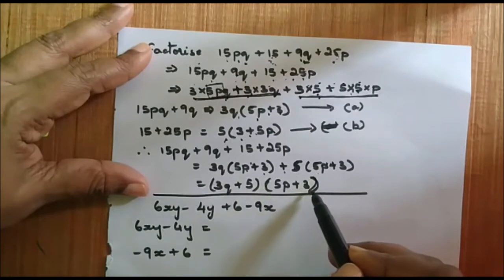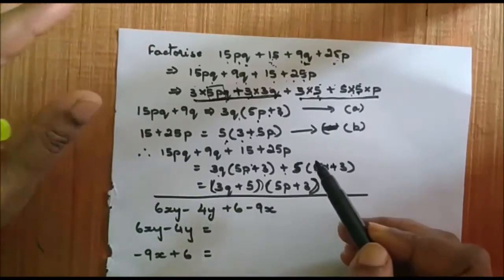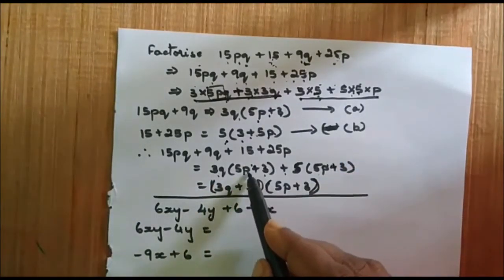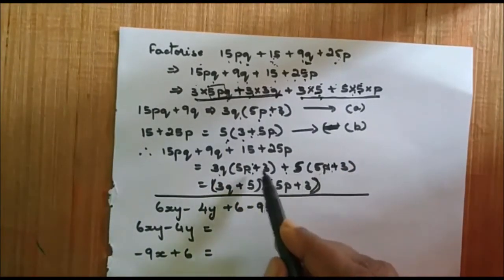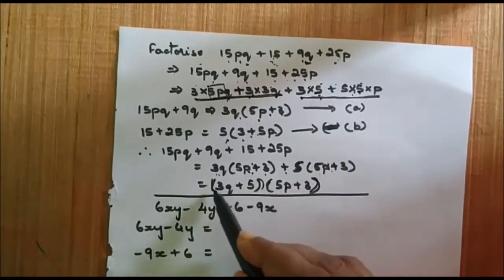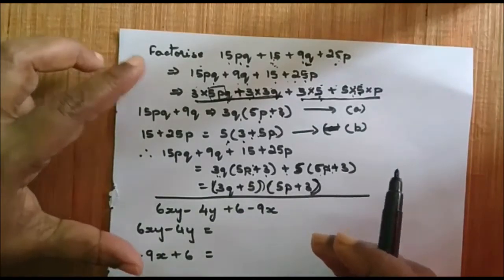So I can bring that out, and 3q plus 5 I can write within brackets. I hope you understood this step also. So I take out 5p plus 3 and 3q plus 5 can be written like this. So this is how we factorize terms.